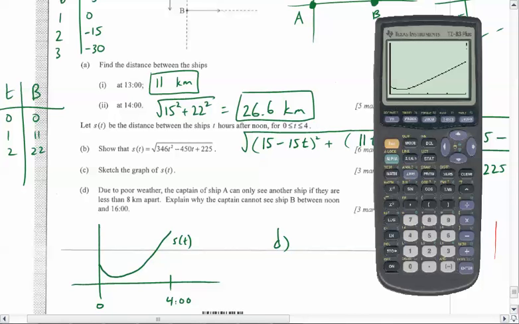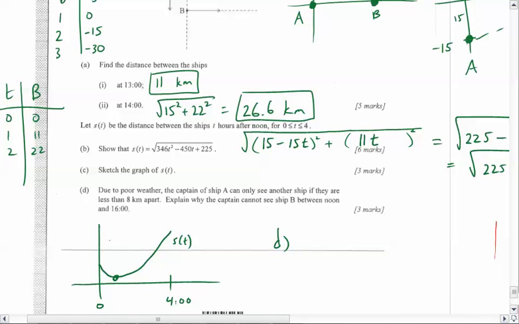So if the distance between the ships is not below 8, then I know I'm good. The minimum value is 8.87. So 0.89, 8.87. This value here is 0.89, 8.87. The minimum distance is 8.87 kilometers.